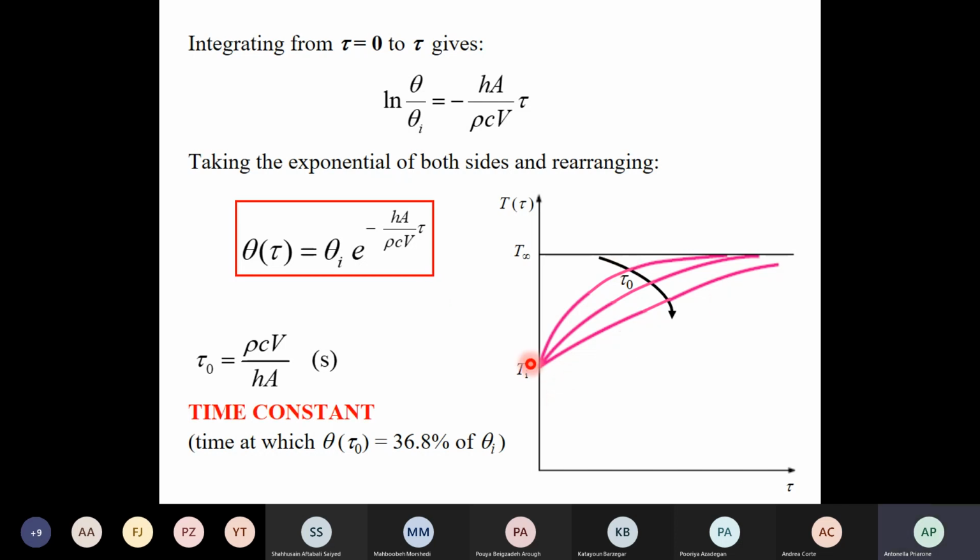So the temperature of my body starts at value Ti and then increases and tends to the equilibrium with the fluid at temperature T infinite.